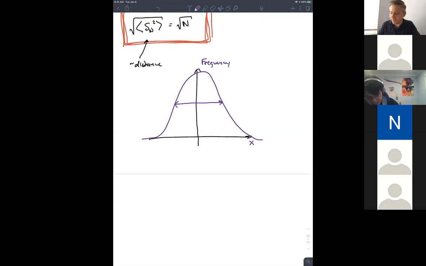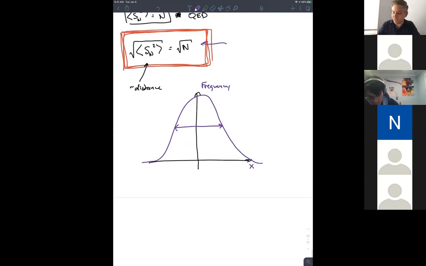So what this value here tells you is a measurement of the width of this distribution. Specifically, the width of this distribution is quantified through something called the standard deviation. Specifically, the standard deviation is related to the distance from the mean to the inflection point of the curve, technically.